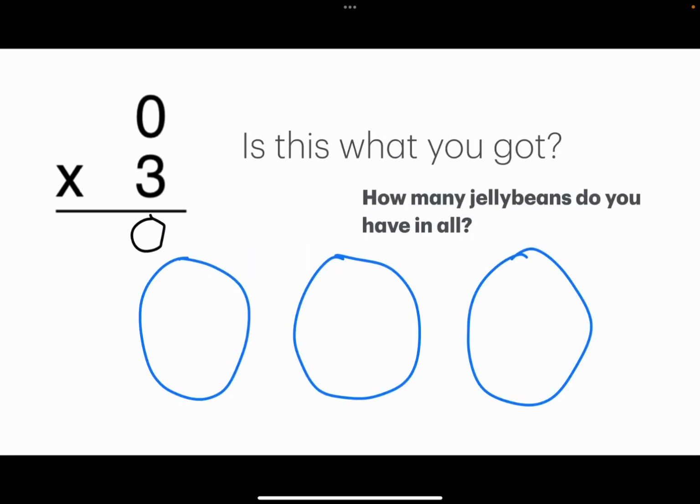We have 3 friends, so we drew 3 circles. Each one of the friends is giving us 0 jelly beans. So how many jelly beans do we have in all? Obviously, we've got 0 because they didn't have any jelly beans to give us. So 0 times 3 is 0. All right, let's look at the next one.